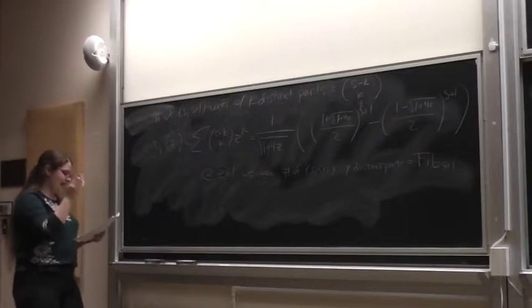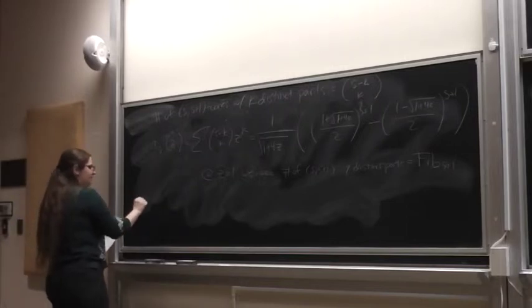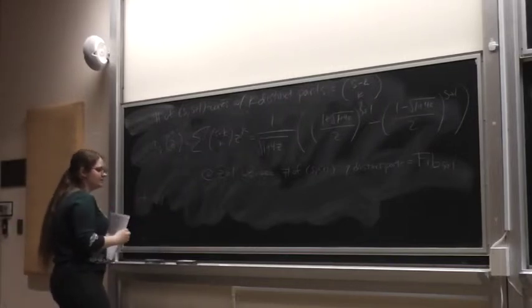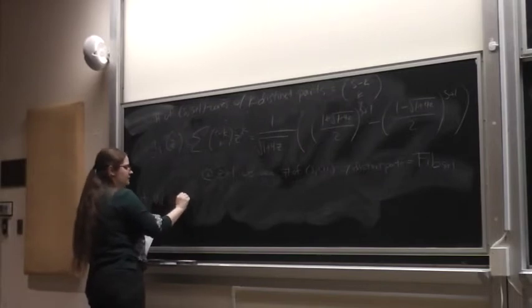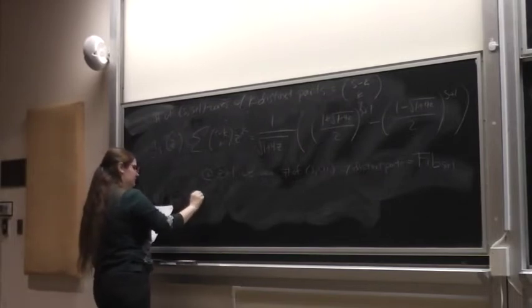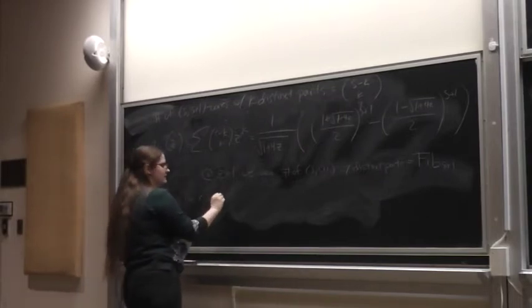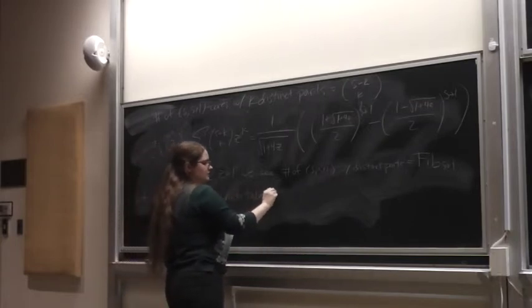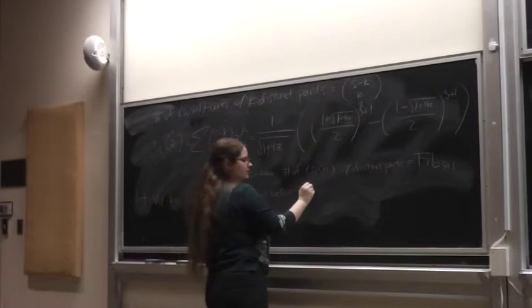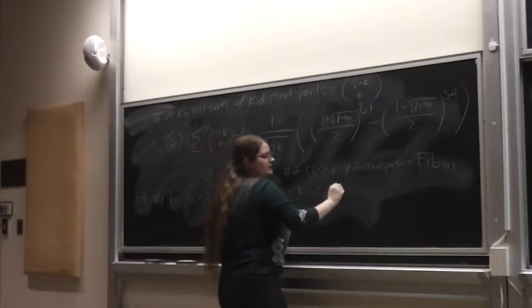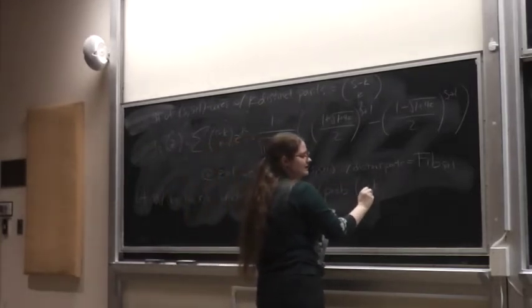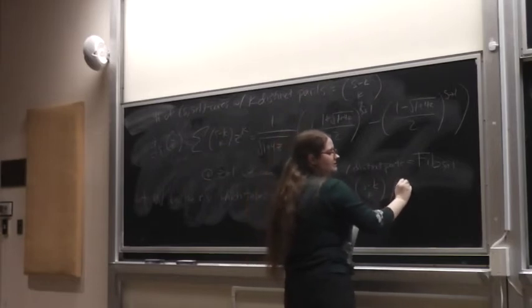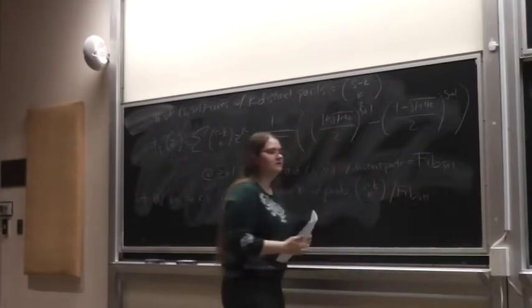Okay, so what we're going to imagine is that we have another random variable called w, and it's going to take value k with probability s minus k choose k divided by Fib s plus 1.